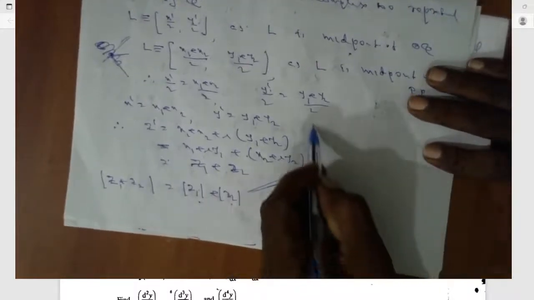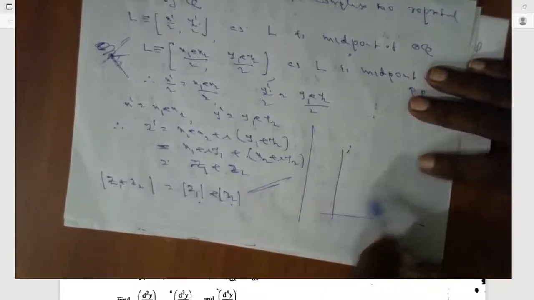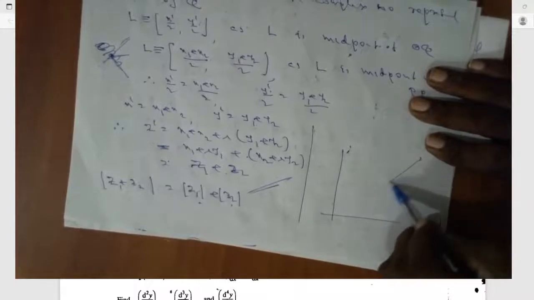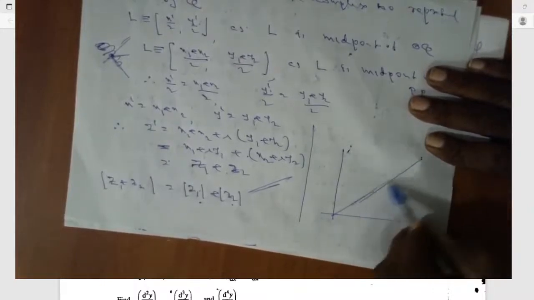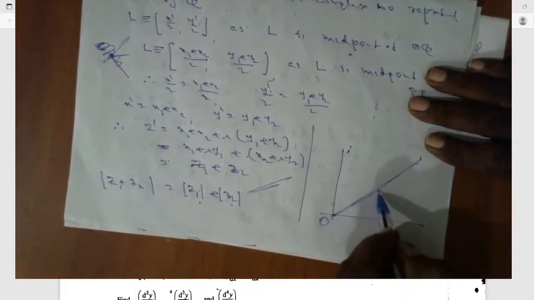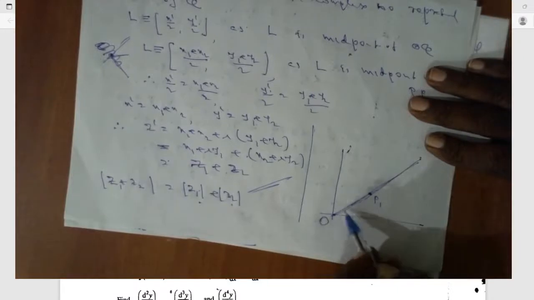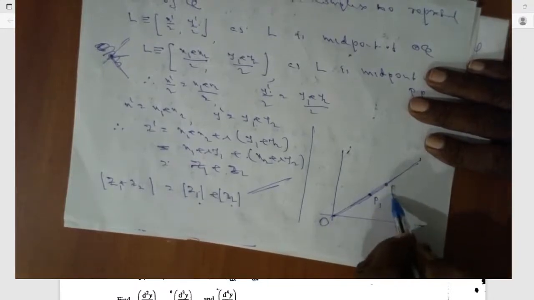In this case you have a diagram like this. All three numbers are on the same line, like this: O, P1, P2.